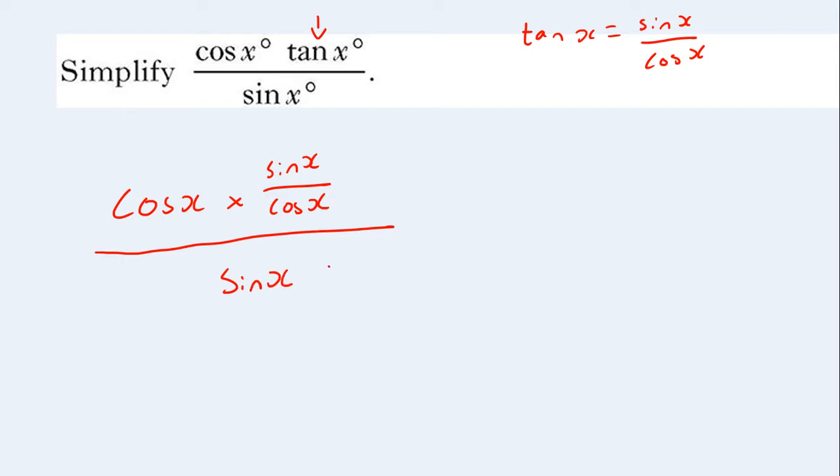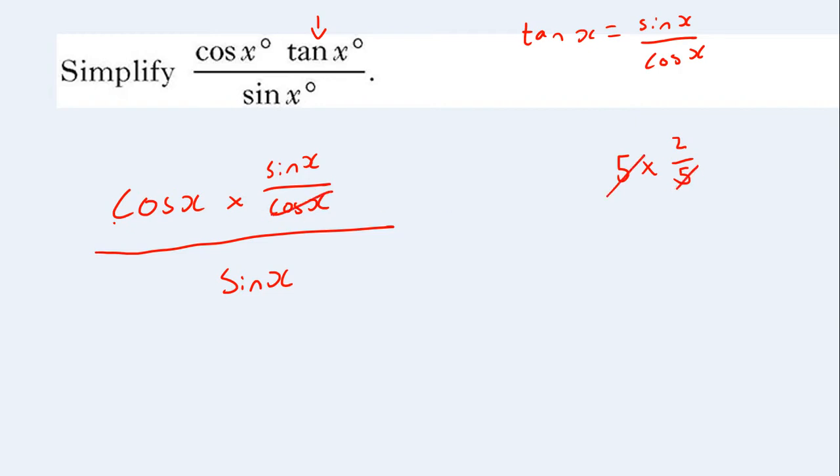Right, don't panic. I can sense that you're panicking. That's fine. Right, this is all okay. I've just replaced tan x with sine x over cos x. And just look at the numerator for a second. We've got cos x times a fraction with cos x as the denominator. This would cancel. Again, just in the same way that 5 times 2 over 5, you could cancel those 5s out.